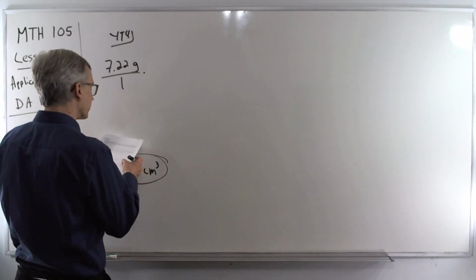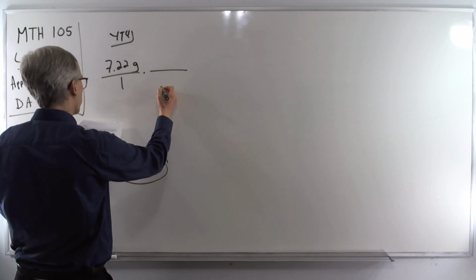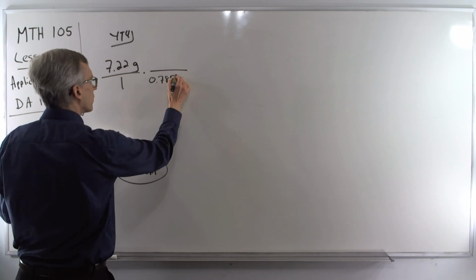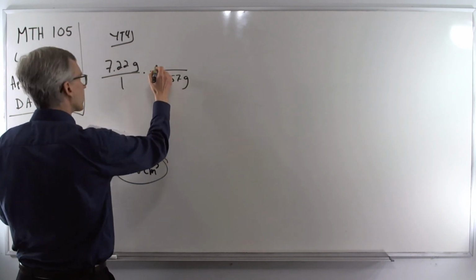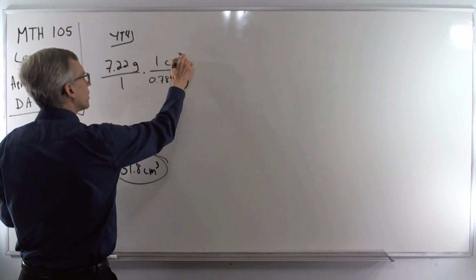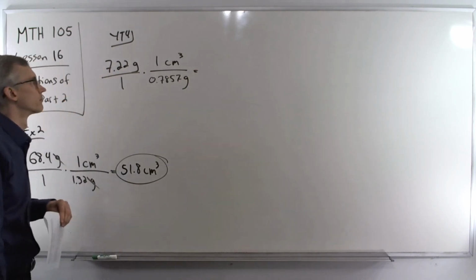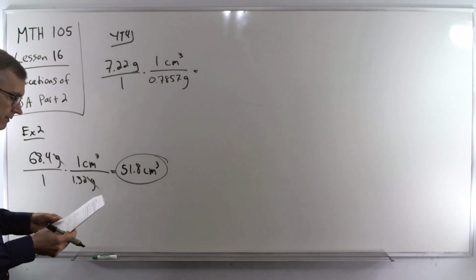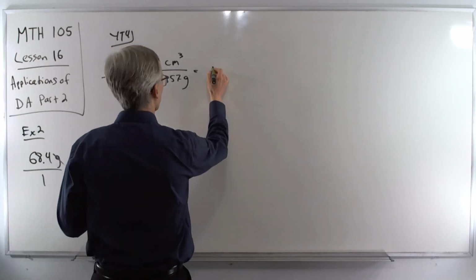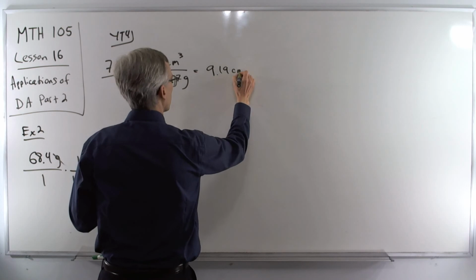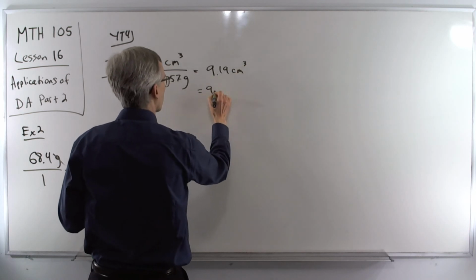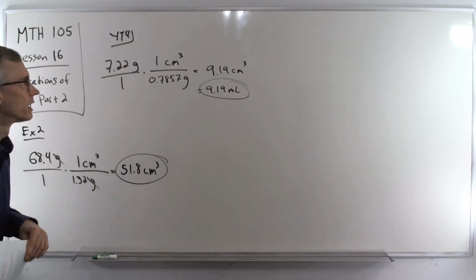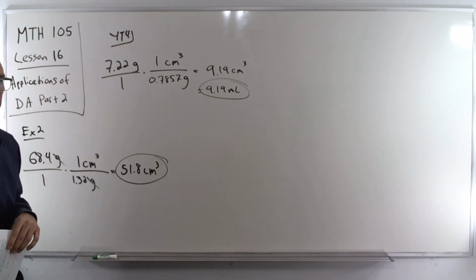And we have a density here of 0.7857 grams per 1 cubic centimeter. Now we'll take 7.22, divide by 0.7857, and get 9.19 cubic centimeters, which is 9.19 milliliters.